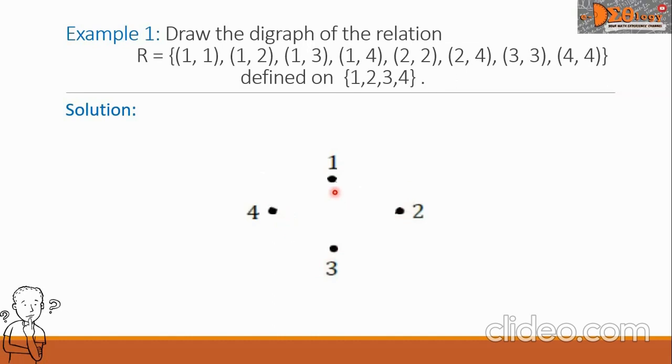Let us draw now the digraph, starting with the first ordered pair 1, 1. Let us draw an arrow from point 1 going to point 1. So that will be a loop that looks like this. Next is the ordered pair 1, 2. Let us draw an arrow from point 1 to point 2. Here is the arrow. For the 1, 3, this is the arrow.